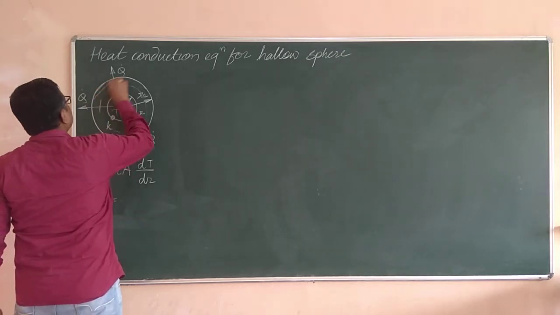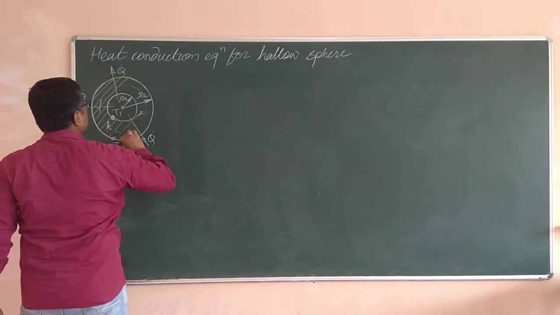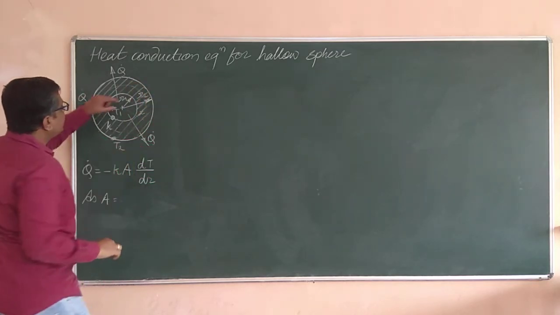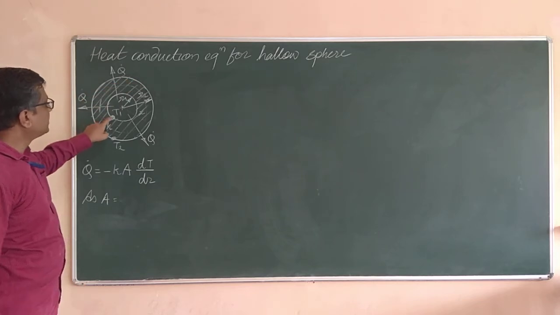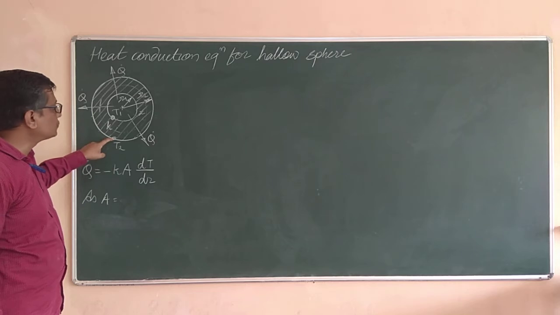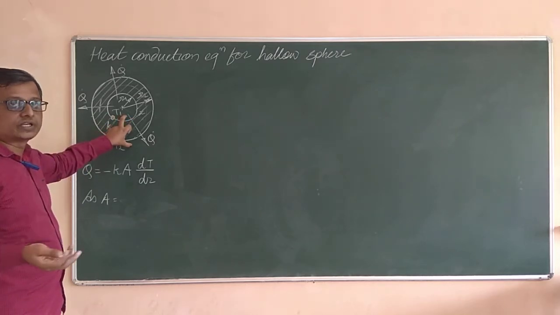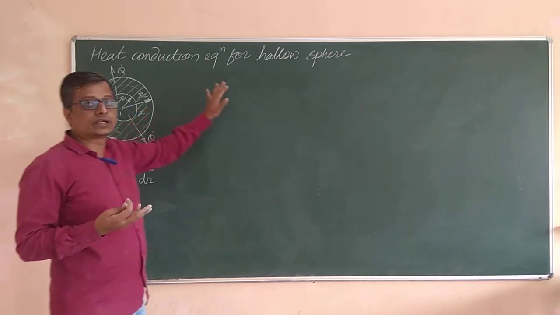The hatched region over here is the solid surface, with the inner radius R1, outer radius R2, the thermal conductivity K, the inner surface temperature T1 and outer surface temperature T2, and the temperature gradient exists only in the radial direction. Obviously the temperature gradient will be there in the radial direction only, considering no internal heat generation.